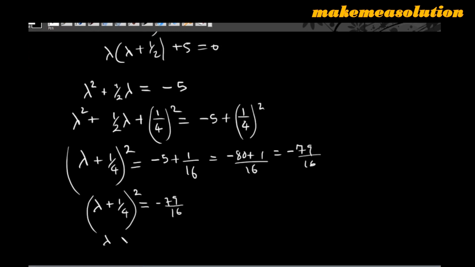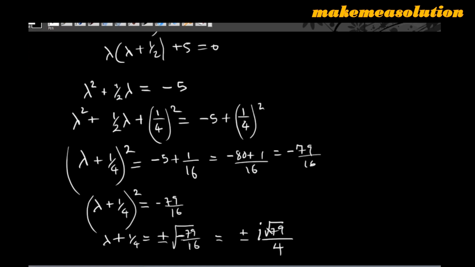The implication is that lambda plus 1 over 4 is equal to plus or minus the square root of minus 79 over 16, and this translates to plus or minus i root 79 all over 4, because the i is coming from the negative sign, and the 4 is coming from the square root of 16.